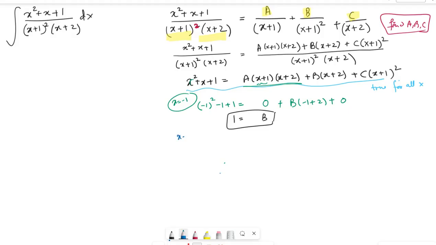Similarly, this should also be true for x equal to -2. Let's try that.